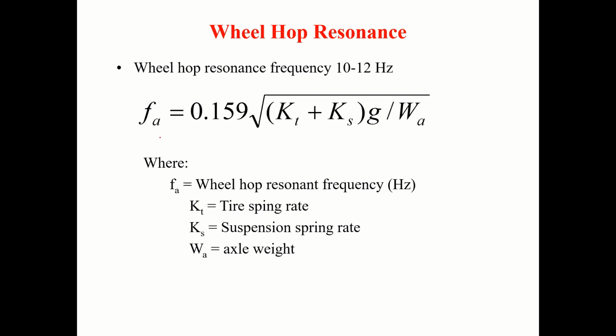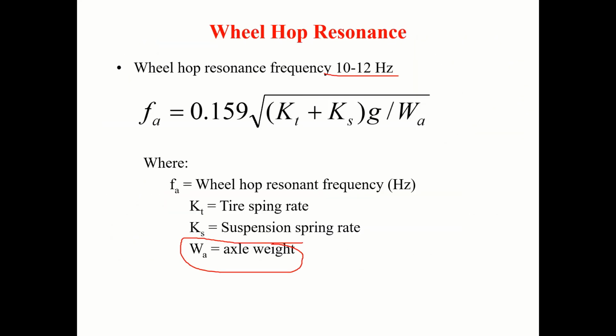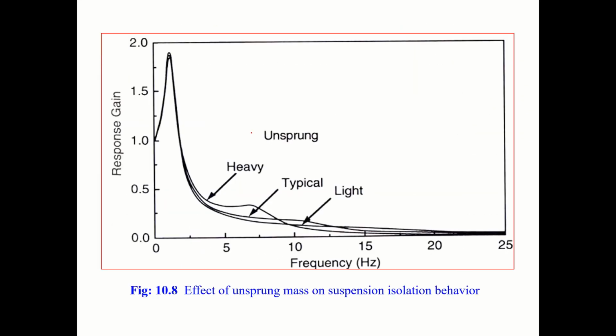I told you about wheel hop resonance frequency. So here axle weight comes into the picture. Correct? It occurs around 10 to 12 Hz. For good behavior, okay, you can see here, if you use a very heavy unsprung mass, the typical one is somewhere here at 13 Hz showing some response.